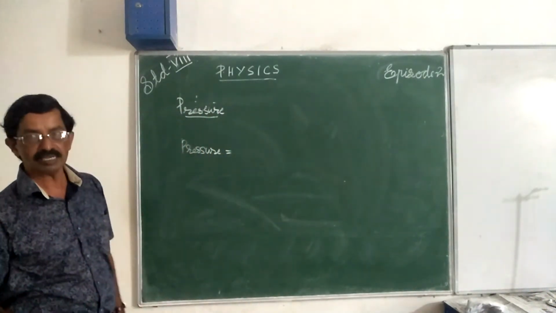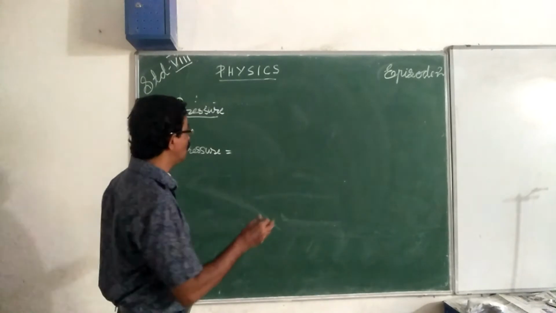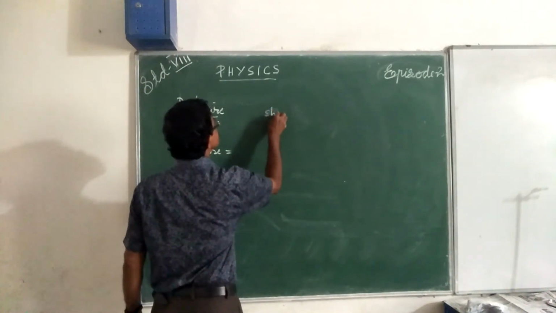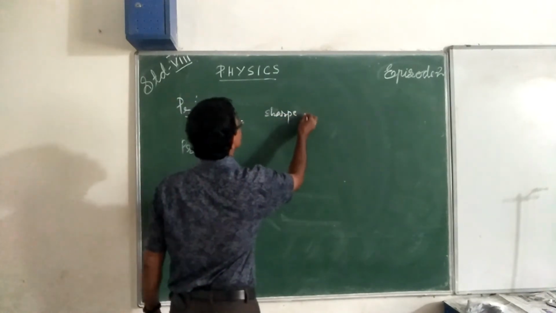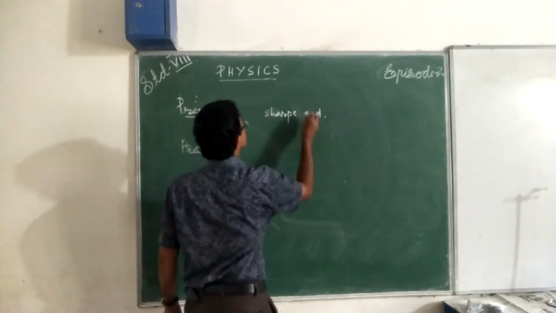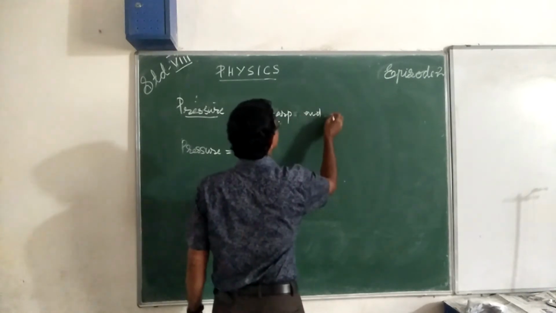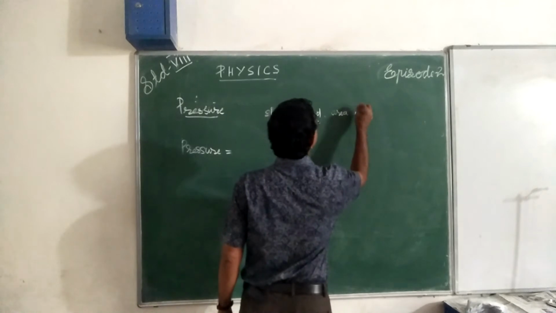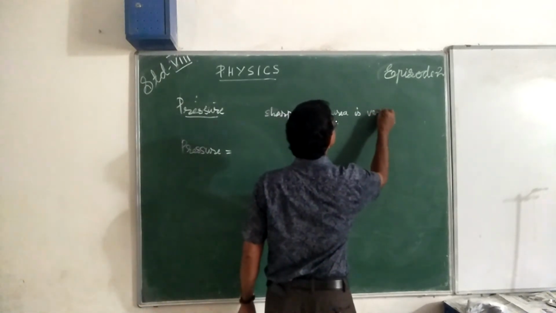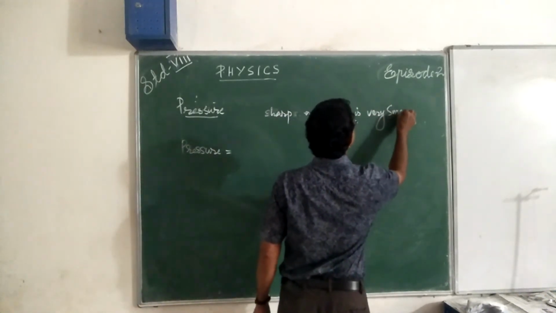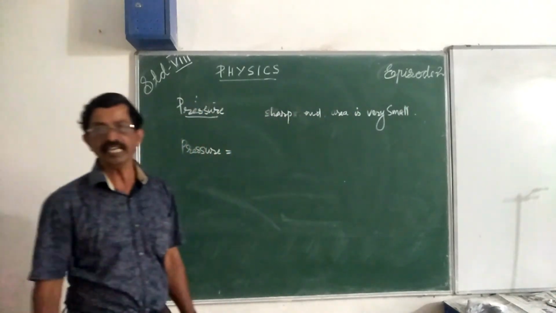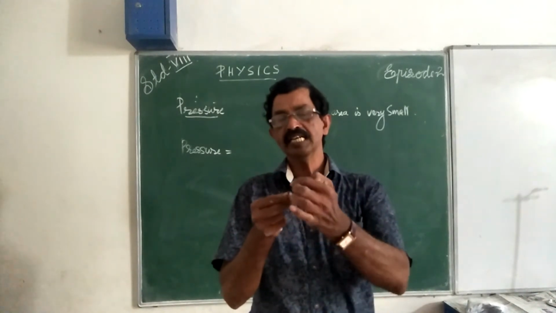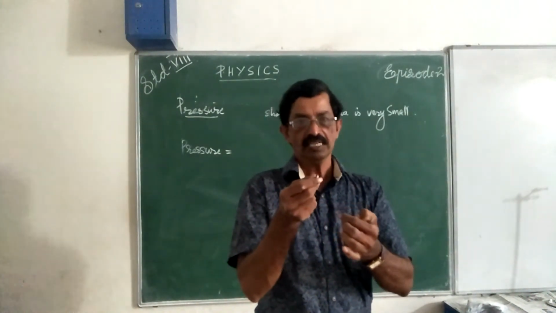For the sharp end, the area is very small, but this side, the area is large.